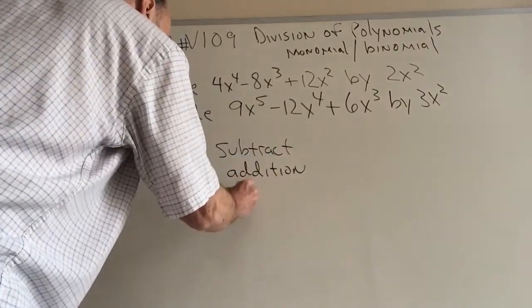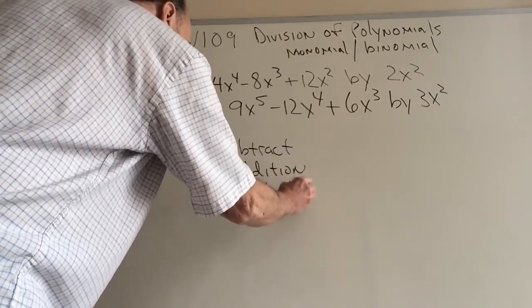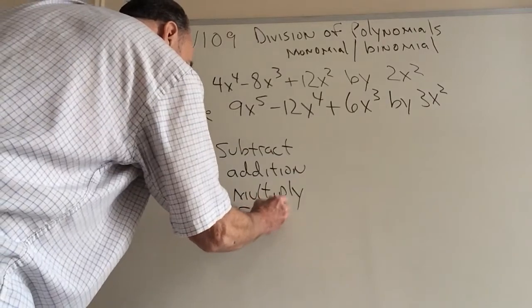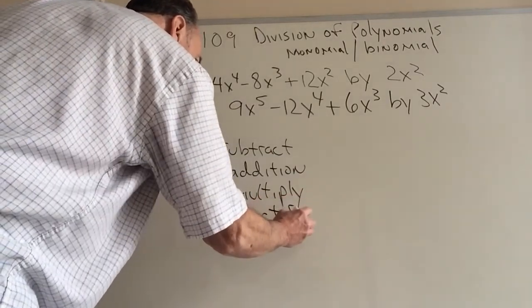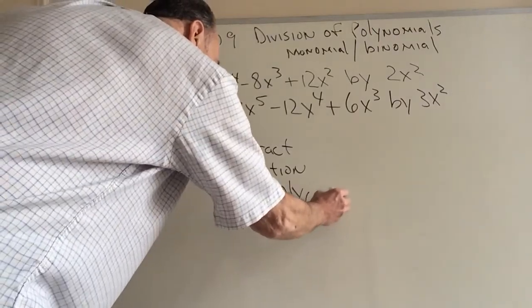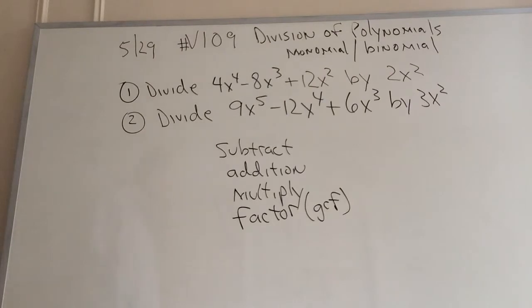We multiplied certainly polynomials. And of course we just finished, and we'll continue doing so, we factored, and we use the GCF factorization. We'll talk more about that later. So that's what we've done so far, and that's what's going to be on your test.